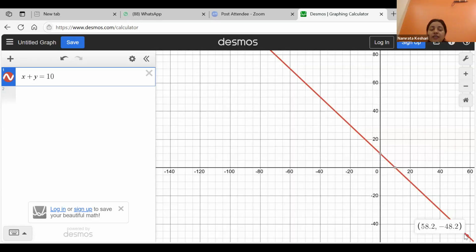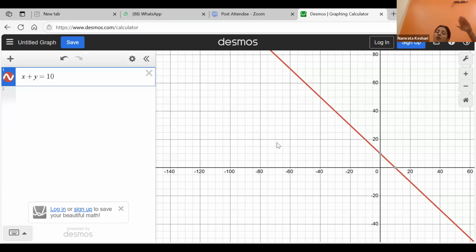There are infinitely many possible x and y, which when we take and do the calculation on the left hand side, we will get the right hand side, right? So we are not able to solve this equation. Solving this equation is not possible, but we can say what are the possible x and y. But that too is not limited, because you can just see a portion of this line.